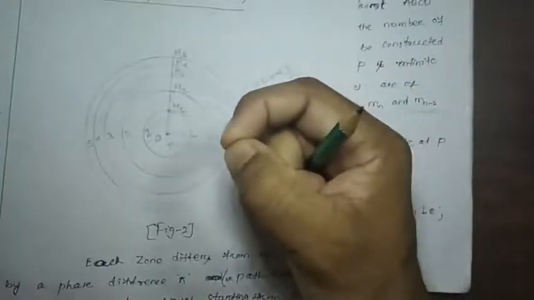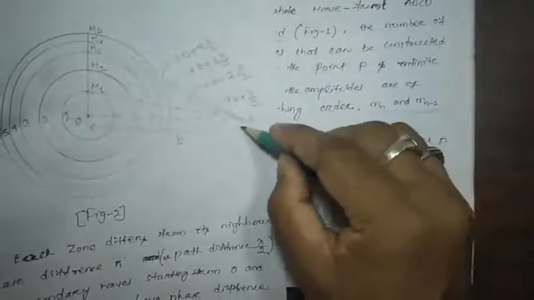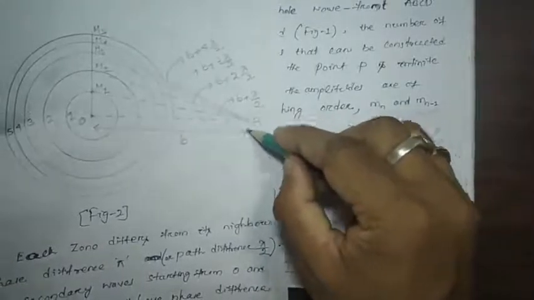That means if we put a small aperture in front of this half period zone, it will collapse, or it will give 0 intensity.